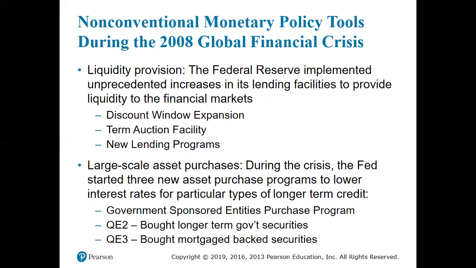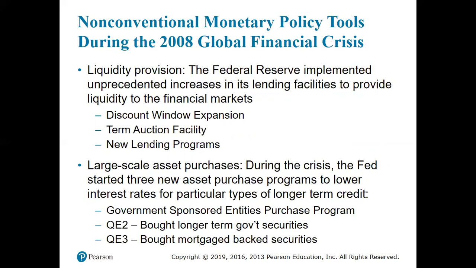So they said, what could we do to help lower the mortgage rates and some of the longer term rates? Because we've lowered the Fed funds rate as far as we can, the short term rates are down, but some of those longer term rates were higher.